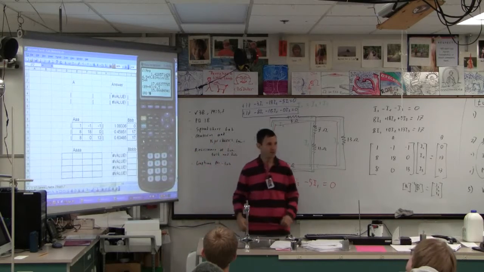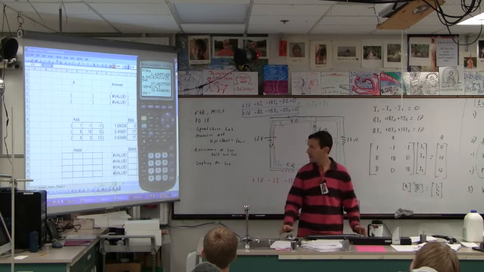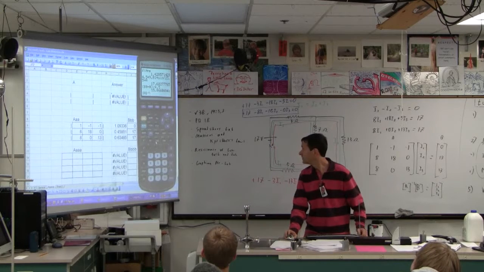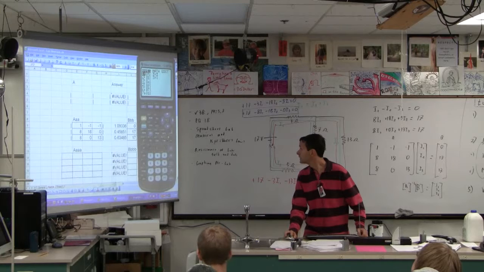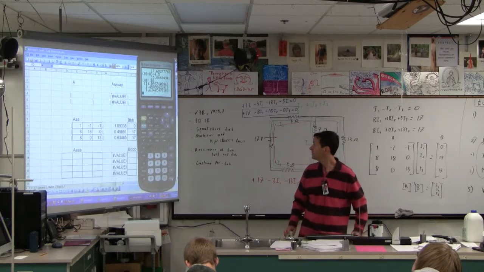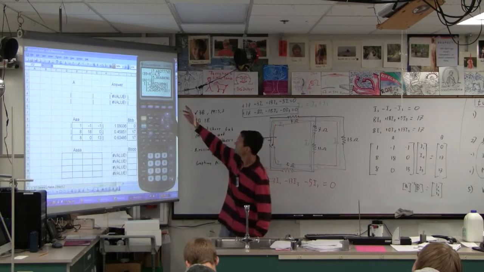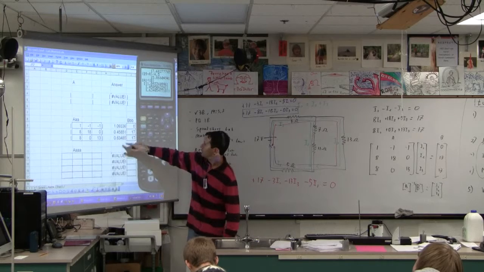Okay, that's kind of cool, right? It's a totally different operation, and some programming languages have this. So we applaud TI for doing this, right? And then I need to barf up B, right? So I go down here, and I barf B up. And then if I hit enter, I should get the answer matrix, which is exactly what we got with Excel.